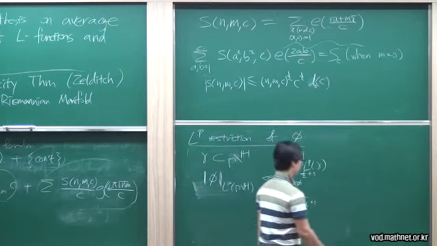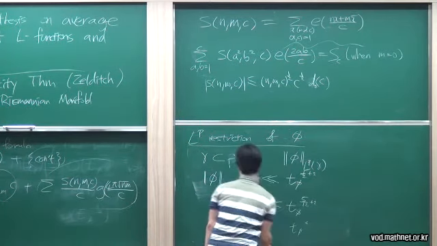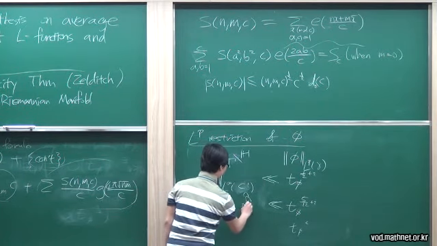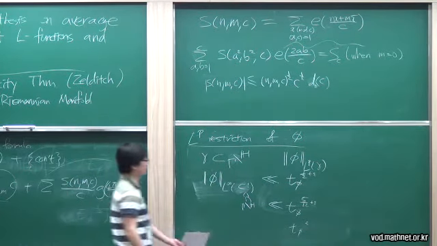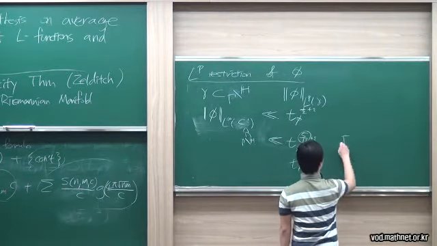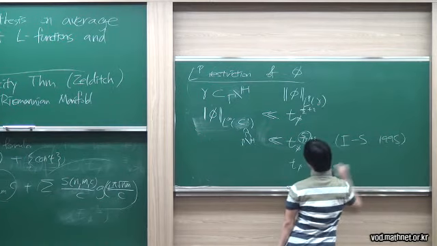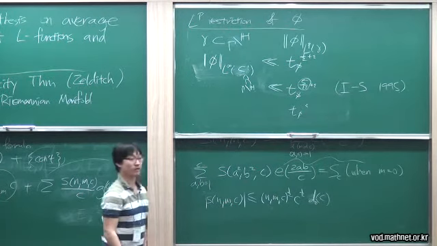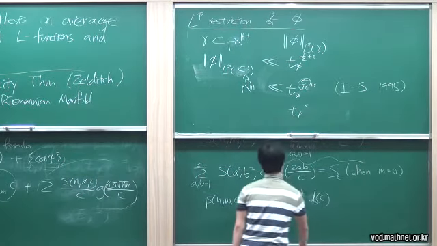The L infinity conjecture by Sarnak and Iwaniec is T_phi to the epsilon, if one takes C being some compact subset of the surface. So this exponent is due to Iwaniec and Sarnak in 1995. And there has been no improvement on this exponent for even a single Maass cusp form.